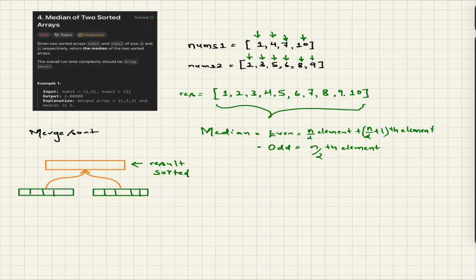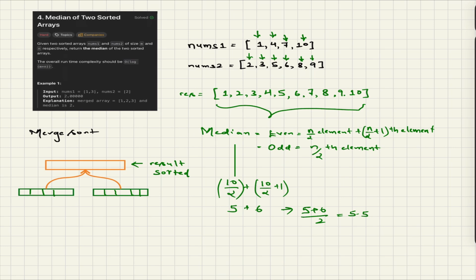Here, since it is even, it will be 10 by 2, so it's the 5th plus 6th element, which are nothing but 5 and 6 themselves. So 5 plus 6 by 2 is 5.5, which will be the median.